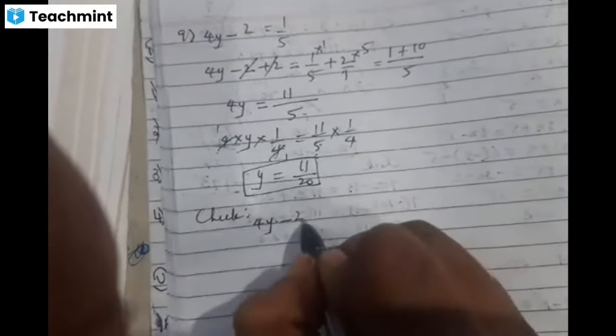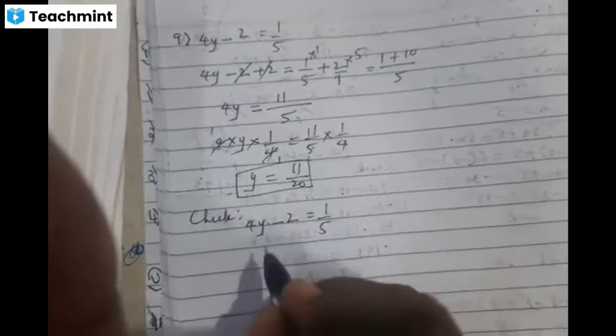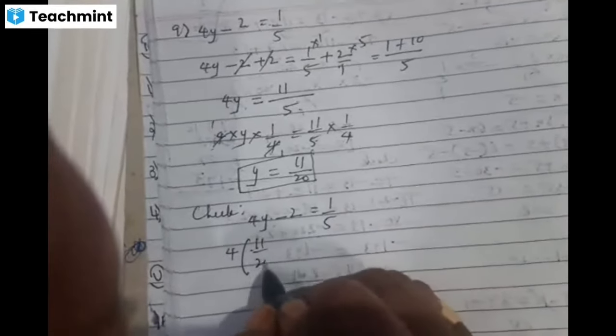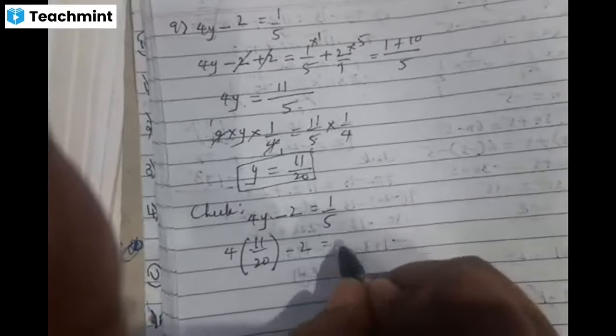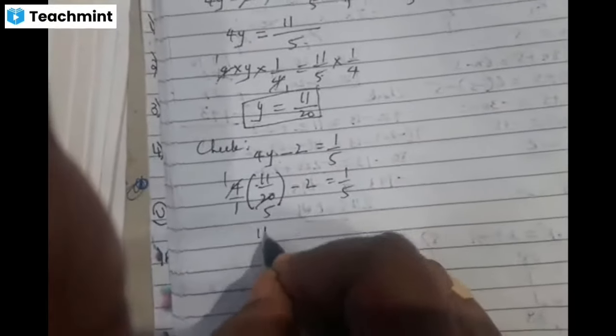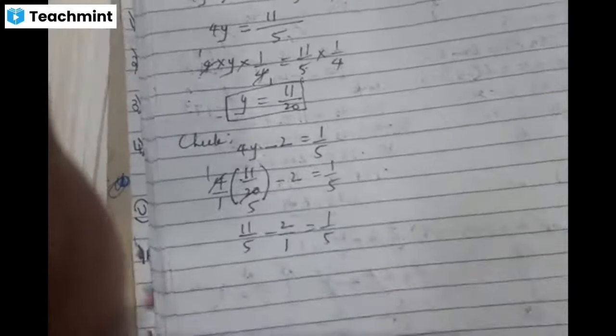Time to check. 4y minus 2 is equal to 1 by 5. What is the value of y you have got? 11 by 20. Minus 2 is equal to 1 by 5. Other terms we write as it is. Now, cancel. 4 1s are 4, 5s are 20. 11 by 5 minus 2 is equal to 1 by 5.